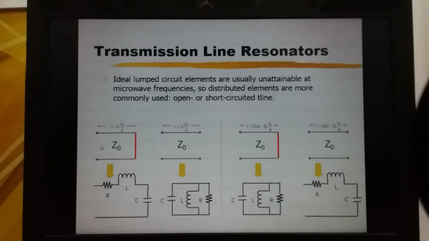In other words, when the frequency is slightly higher or slightly lower than the resonant frequency, that means the wavelength is slightly shorter or slightly longer than the length of the transmission line. The impedance will be larger than 0.